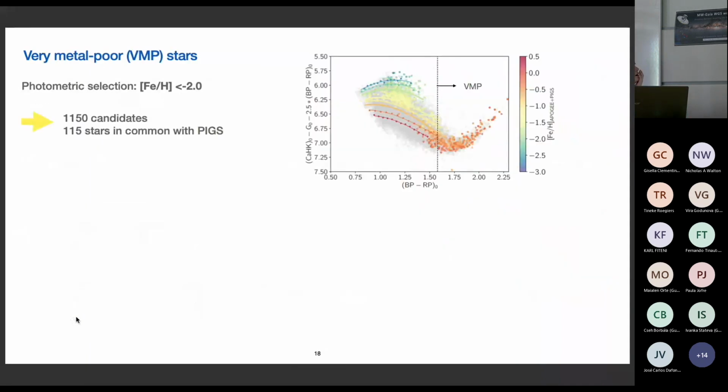We had a look at the very metal-poor population of Sagittarius, and we applied a selection using a polynomial, or isometallicity lines, at -2, and we selected more than 1,000 photometric candidates that, however, present 100 stars in common with the spectroscopic PIGS dataset.